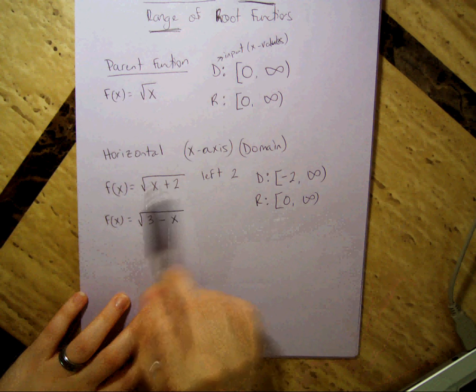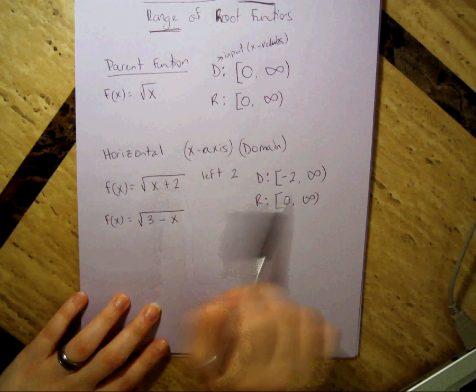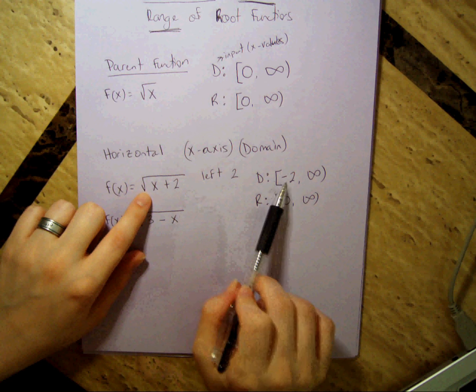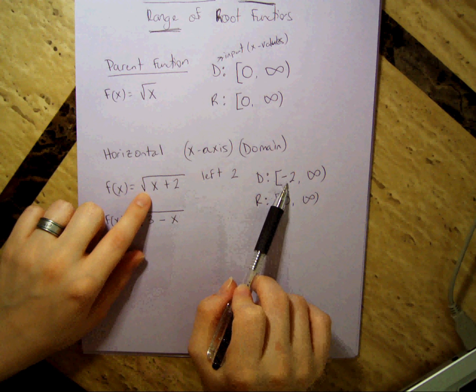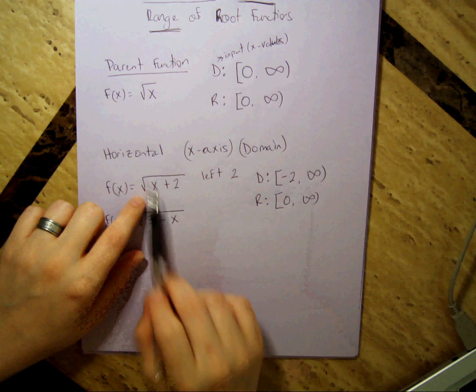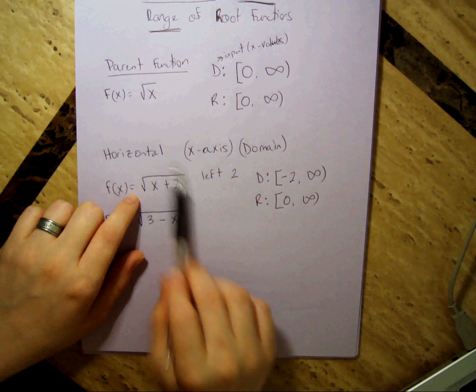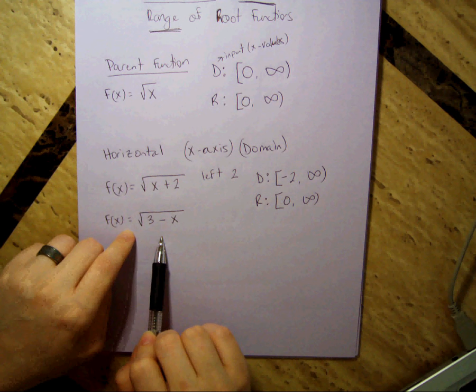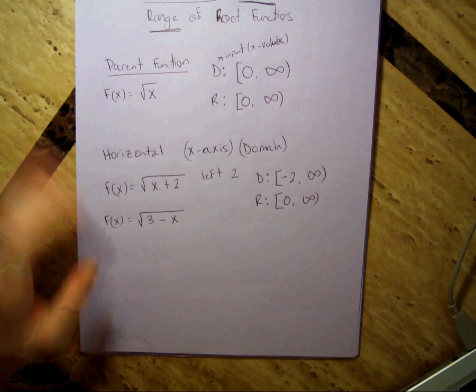What number do I plug in here that gives me 0? It's 3. Any number smaller than that will still give me a positive number under here. If you can rationalize that in your head and figure it out, awesome.